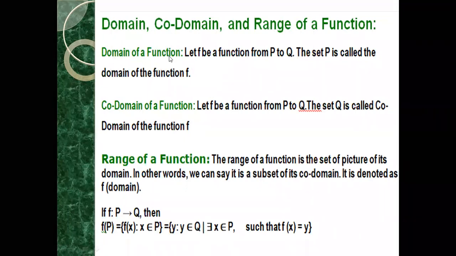Domain of a function: let F be a function from P to Q. The set P is called the domain of the function F. Codomain of a function: let F be a function from P to Q. The set Q is called the codomain of the function F.